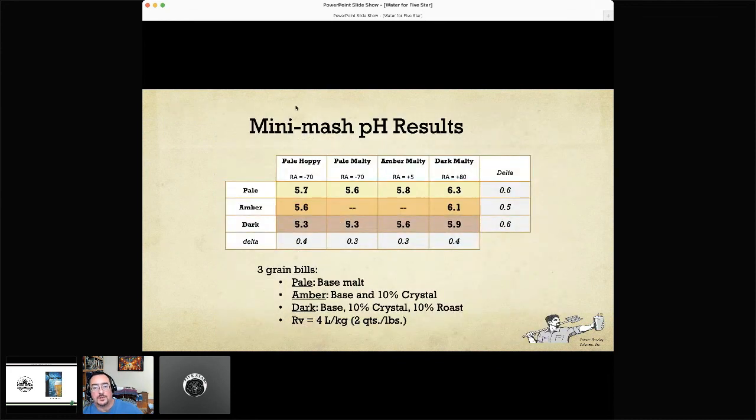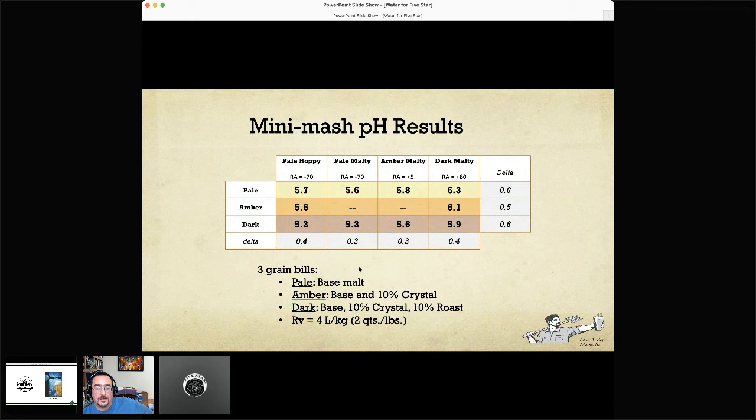These are the results of using those salt concentrations in river and distilled water that we did at one of the BYO boot camp classes. We took a pale base malt only grist bill and used both the pale hoppy and pale malty waters, pHs of 5.7 and 5.6.